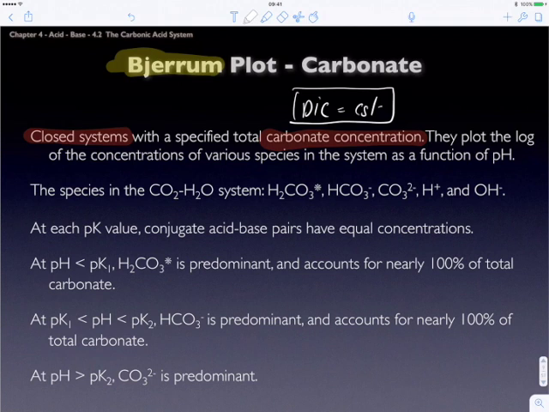You have seen that in an open system, the DIC can be calculated because it's in equilibrium with the atmosphere. In this case, you're not necessarily in equilibrium with the atmosphere. It is just a body of water that has a certain amount of dissolved CO2 in the water. You can think about, for example, groundwater. Groundwater is not in equilibrium with the atmosphere. You can dissolve limestone in the surroundings.